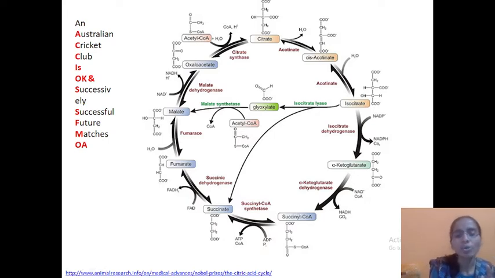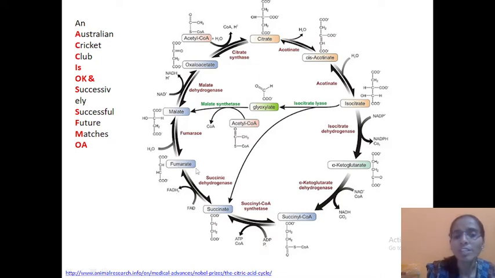Now this succinyl CoA, in the presence of the succinyl CoA synthetase enzyme, is converted into succinate, and here there is substrate level phosphorylation. Here we get a GTP molecule. Then succinate is converted into fumarate in the presence of the succinate dehydrogenase enzyme, which reduces the FAD molecule into FADH2.